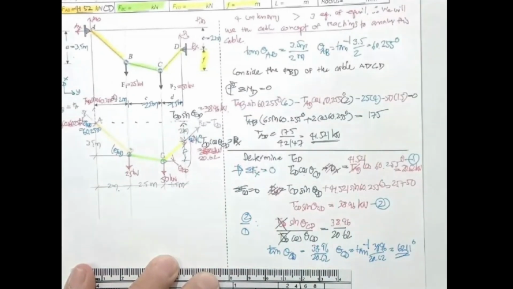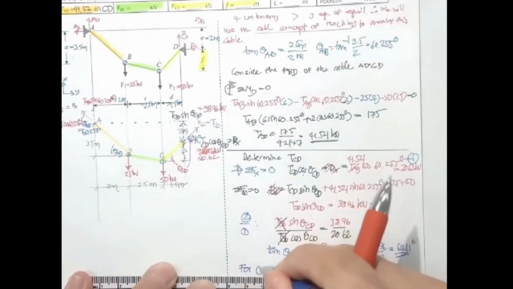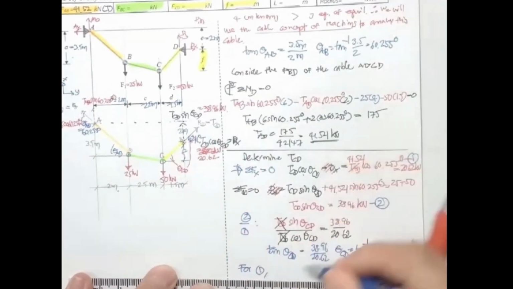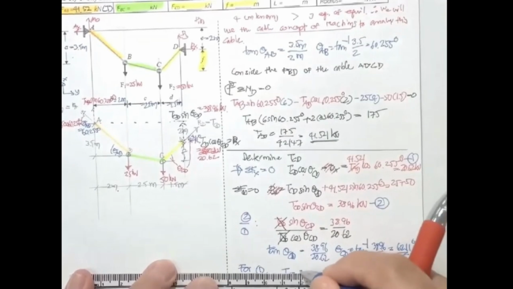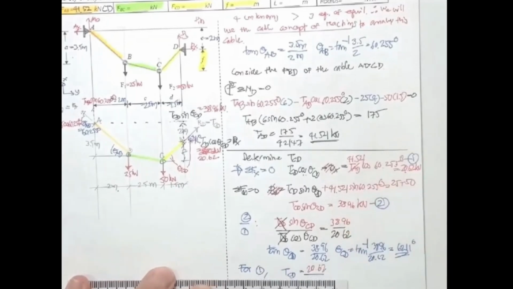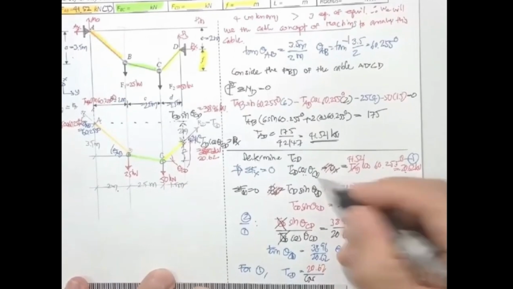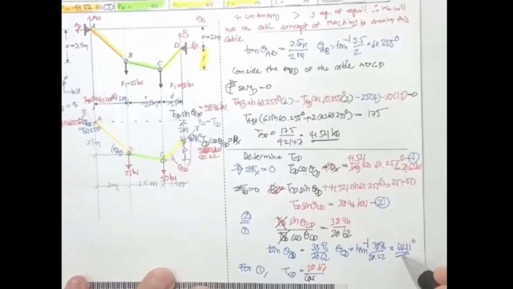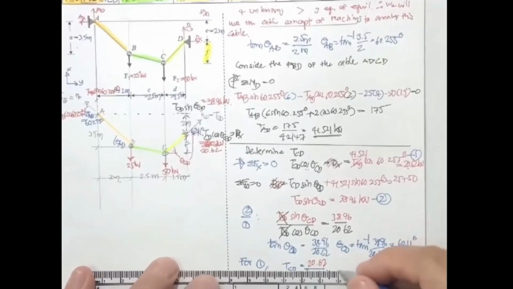And then you just plug it back. For 1, we have T sub CD equal to 20.62 divided by cosine of theta sub CD, 62.11. Please put it in your calculator. Yesterday I didn't get a correct one.